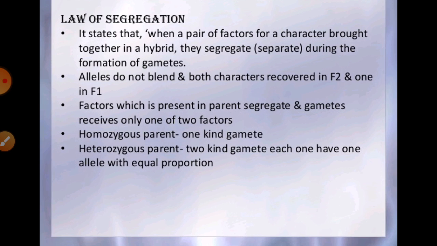Generally when gamete formation happens, the characters, the alleles, separate from each other, and after that they segregate in such a way that each gamete receives only one of the two factors, and they do not show any blending or mixing. The recessive ones will separate, the dominant ones will separate, but the recessive ones will not show any blending or mixing of color.